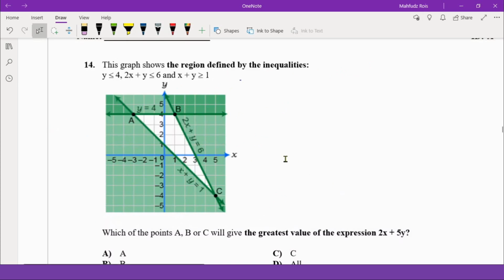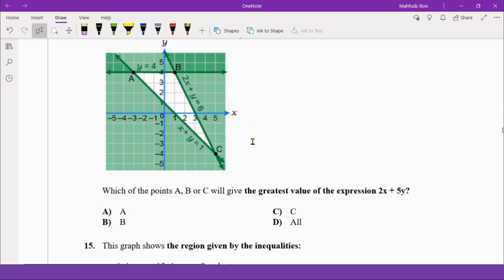Number 14. This graph shows the region defined by the inequalities y less than or equal to 4, 2x plus y less than or equal to 6, and x plus y greater than or equal to 1. So actually we have the lines here.